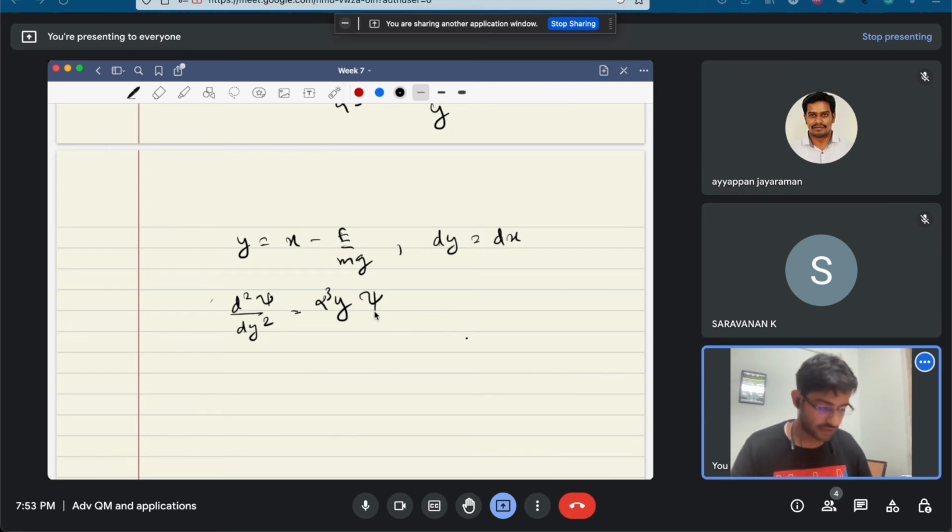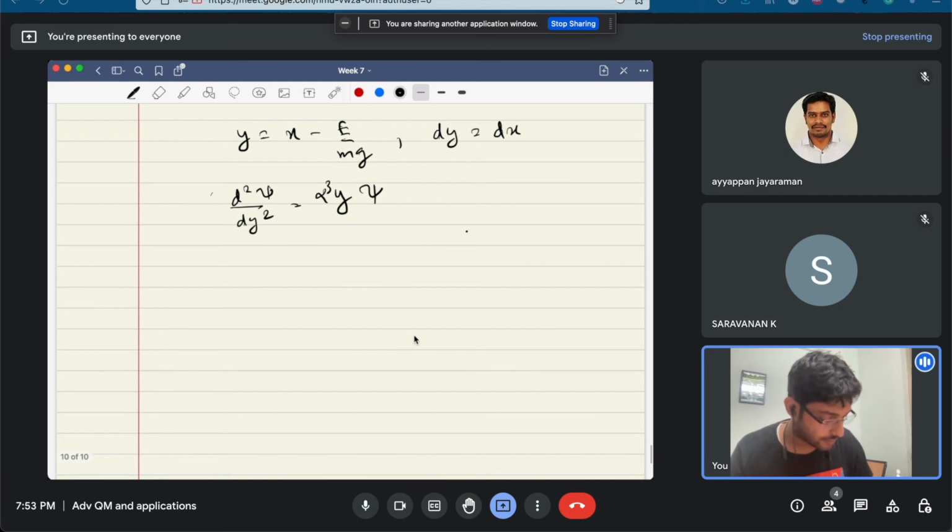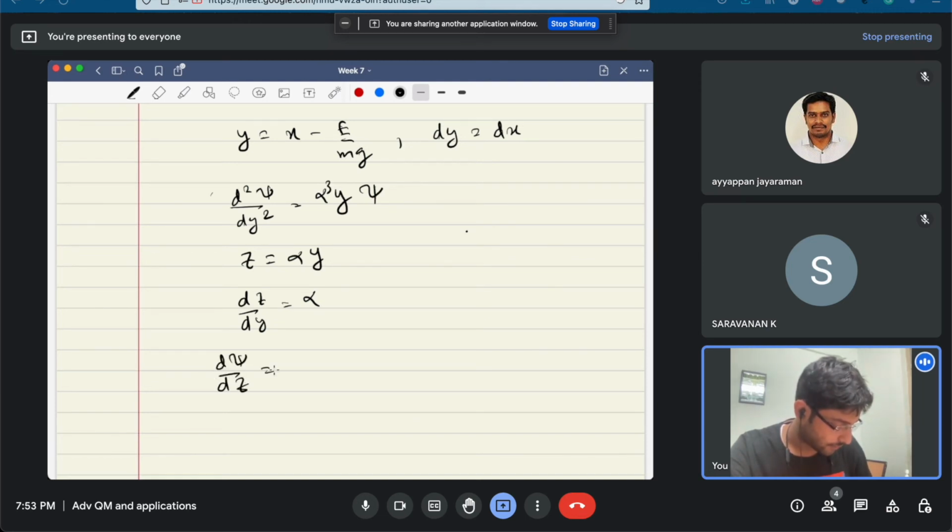Now the next substitution that we need to consider is z equals alpha y, so what you get, dz by dy is alpha, and d psi by dz is nothing but 1 by alpha d psi by dy.